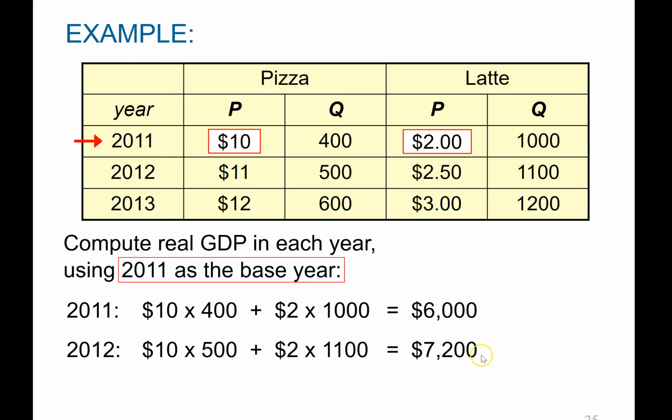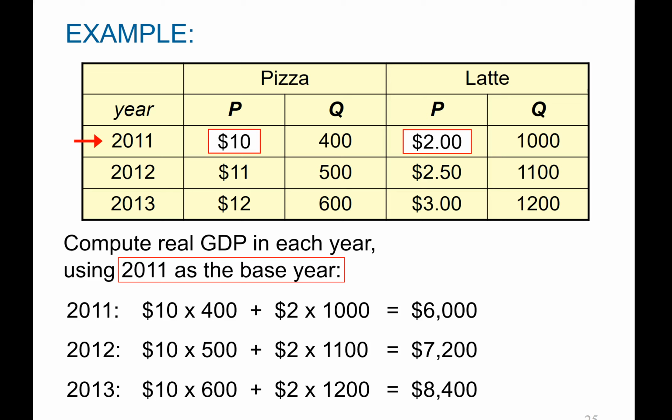So when we calculate in 2012, based on the prices of 2011, we get 7,200 as our adjusted GDP. We do the same thing for 2013. We measure the quantities produced in 2013 at our base year price. This takes price changes out of it and lets us evaluate the changes without seeing price changes.